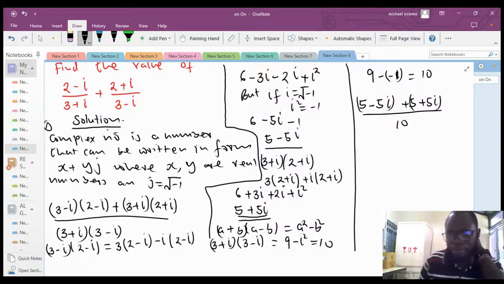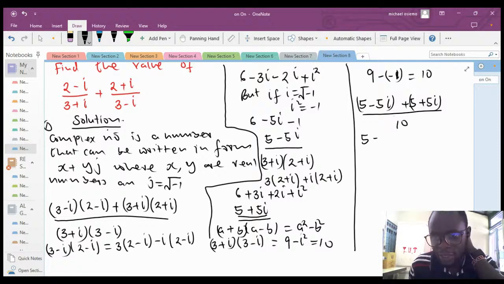So when you open up the bracket, you have 5 minus 5i plus 5 plus 5i over 10. Put the like terms together: you have 5 plus 5, which is 10. Then you have minus 5i plus 5i, which is equal to 0. So you remain with 10 over 10, which is simply equal to 1.